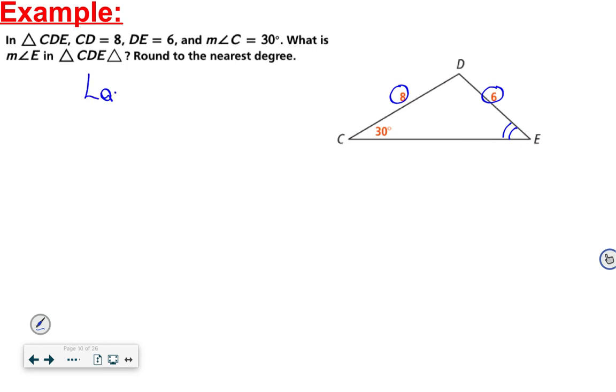Remember law of sine. Each length of the side is related with the sine of its opposite angle.